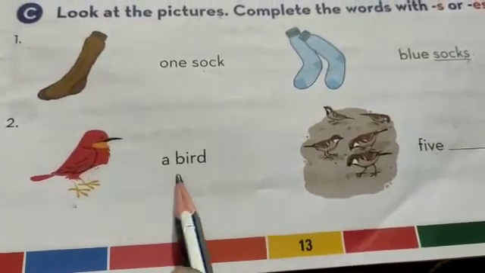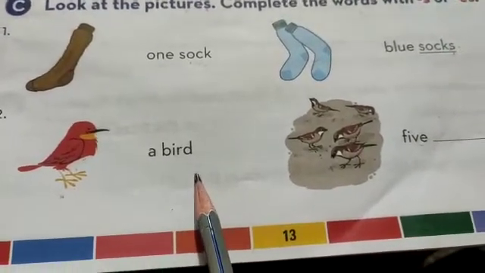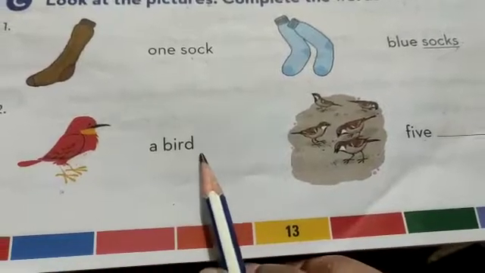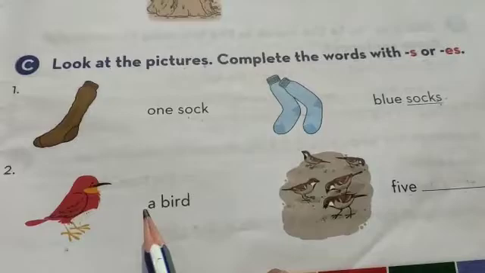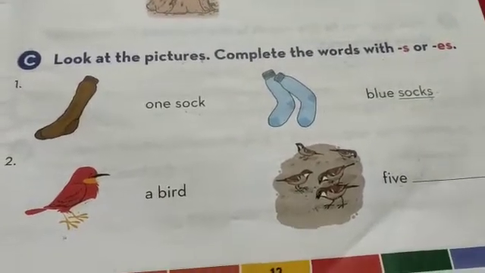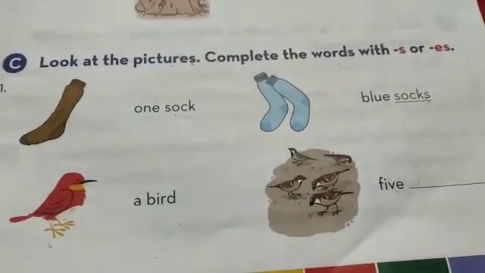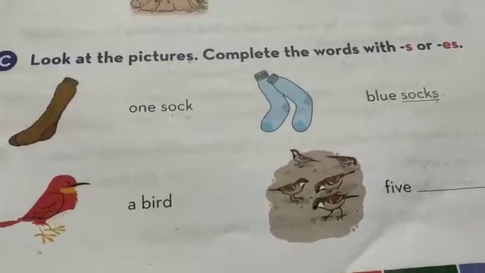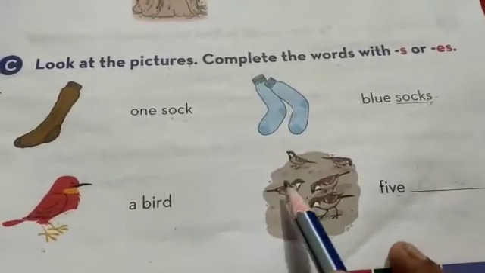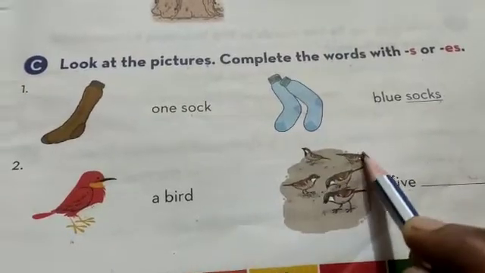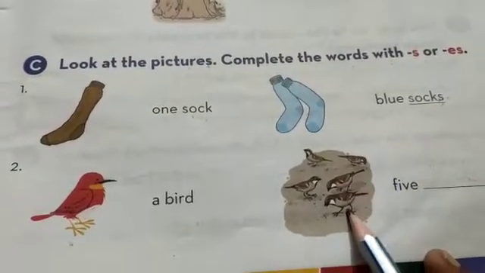Now, let's see the next example. The second one. A bird. Okay, only one. So, a bird. And you all know children, we use the articles a, an or one in front of the singular nouns, isn't it? Okay, now see the next picture here. 1, 2, 3, 4, 5.